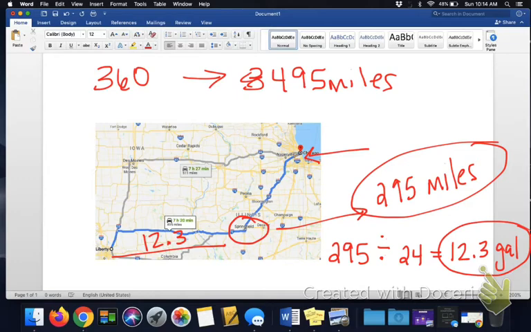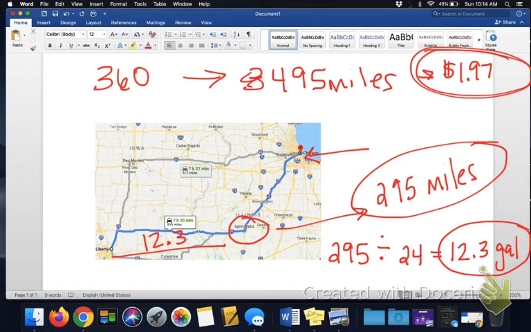Okay, so again, here's a little bit more math. 12 3/10 gallons. We need to know the cost of gasoline in Springfield, Illinois. So you're going to need to look up how much gas is in Springfield, Illinois, and it will tell you. Because I'm just doing this as an example, I know that gas right now in Liberty is $1.97. I'm going to use that price for right now.